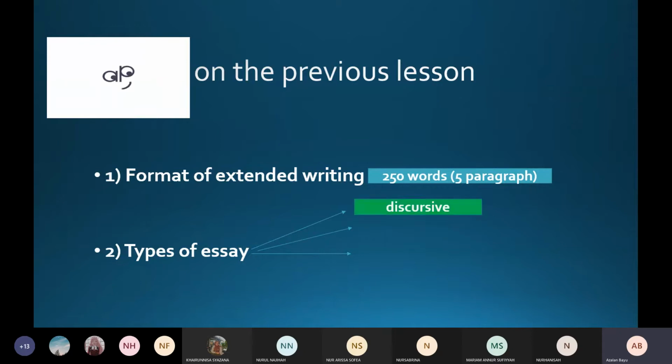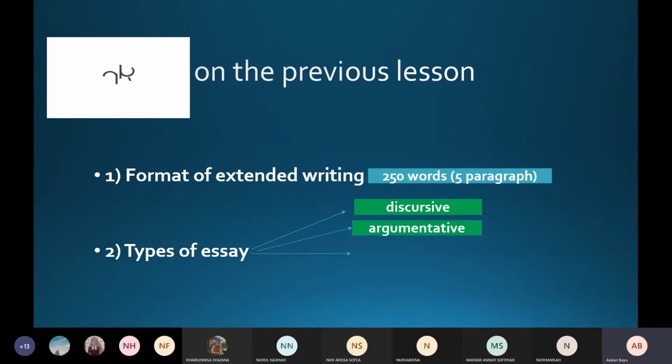First, you learn about discursive, which is discussion, where you give the positive and negative sides, advantages and disadvantages, pro and con, support and oppose. Okay, where you have to give a very balanced idea in the essay. All right, and then secondly, argumentative.